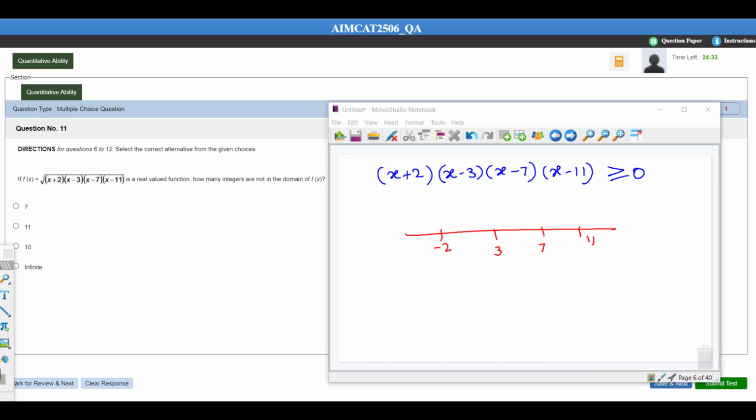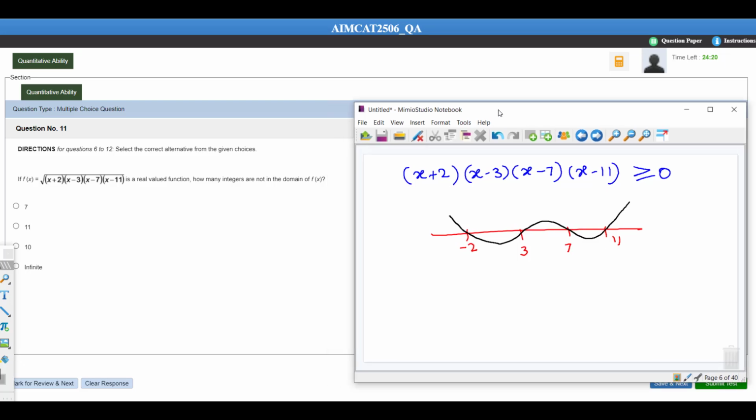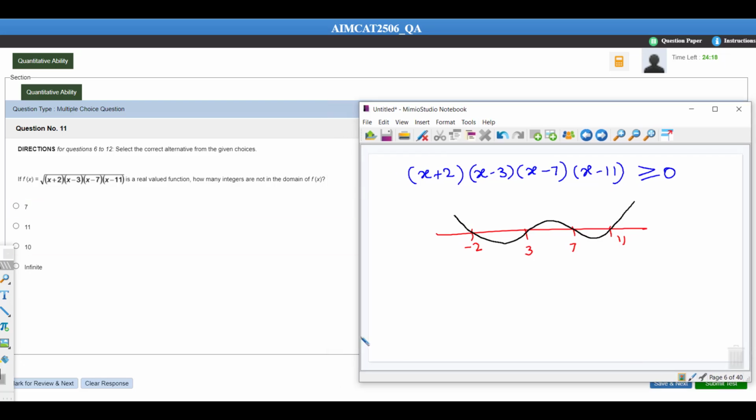And for this the graph is going to be like this. We want this to be greater than or equal to 0. But our question is what? How many integers are not in the domain, everyone? Which we want to be positive, means this region is correct, this region is correct, this region is correct.